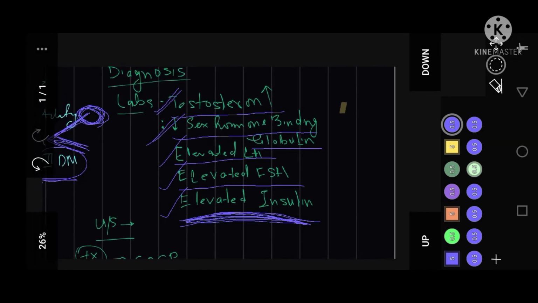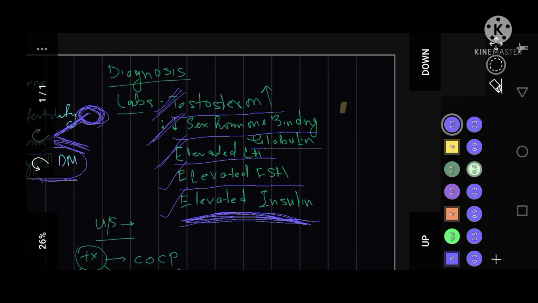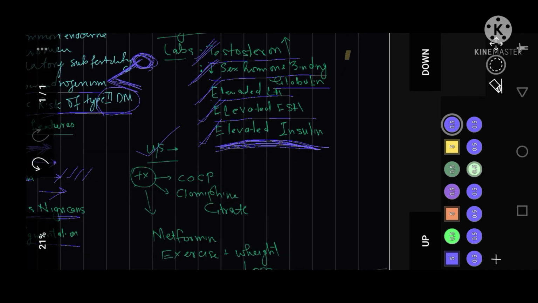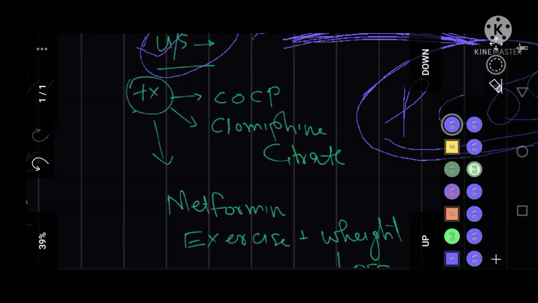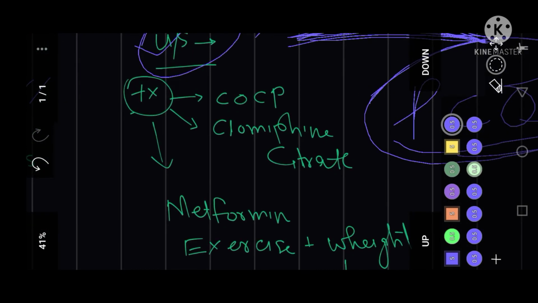Now, these are the laboratory investigations which suggest that the patient might have polycystic ovarian syndrome, and ultrasound is also mandatory in these patients. Ultrasound can help to rule out any cystic appearance in the ovaries. So we can treat according to these clinical features.